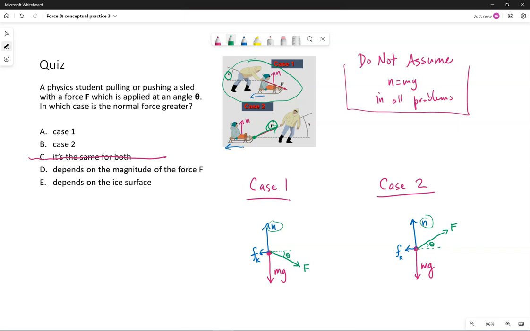Since the normal force is simply in the y direction, let's just talk about net force y. We know any net force in the y direction will lead to an acceleration in the y direction.